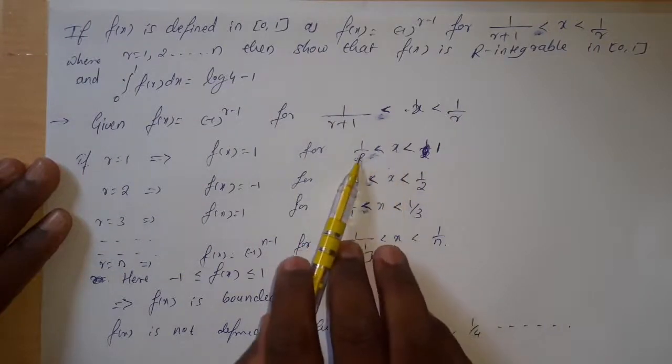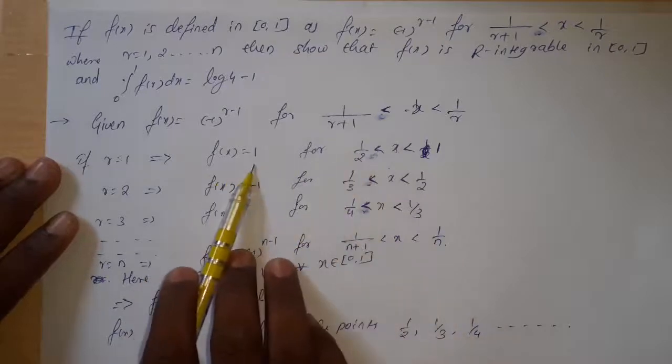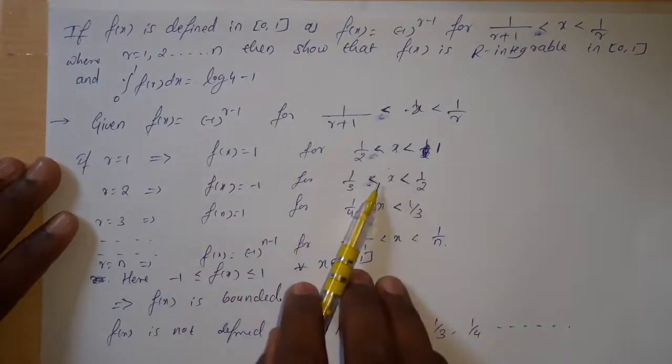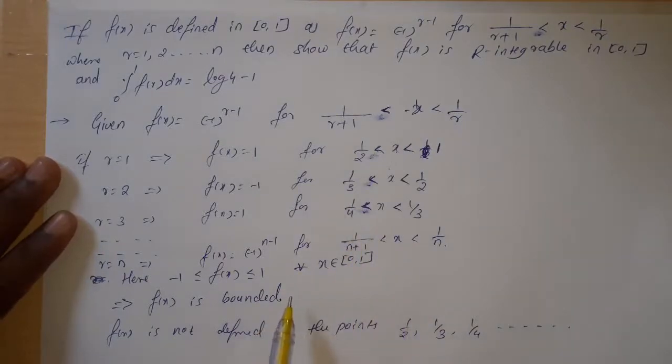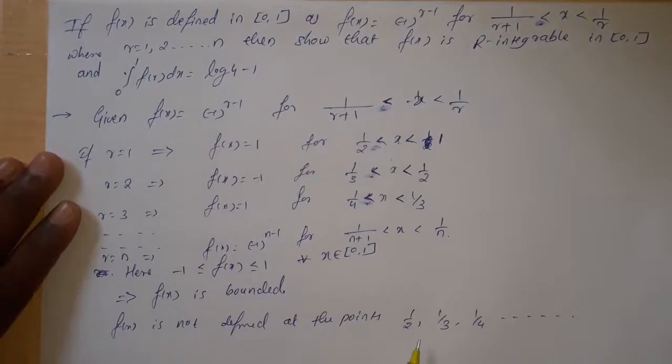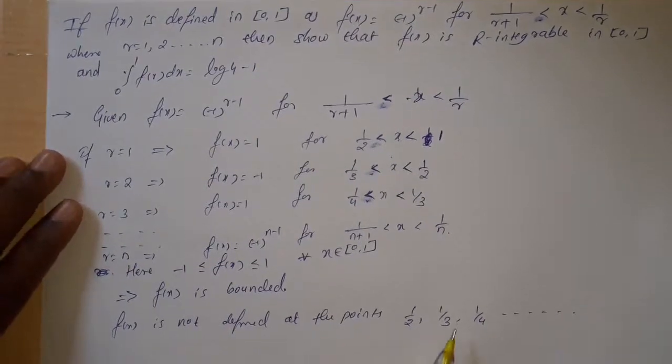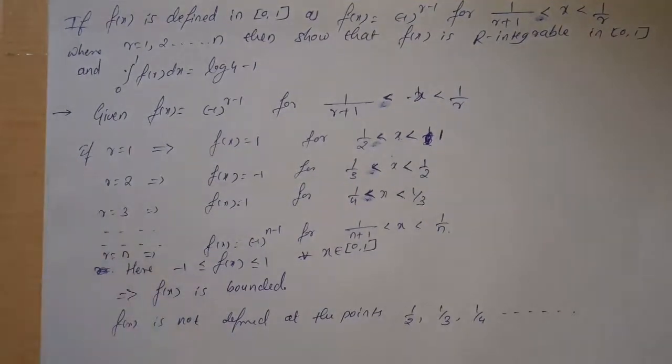Whenever x is less than 1 by 2, the function is equal to 1, and whenever x is less than 1 by 3, less than 1 by 4, less than 1 by 5, less than 1 by 6 and so on. So therefore whenever x equals 1 by 2, 1 by 3, 1 by 4 and so on, the function is not defined.